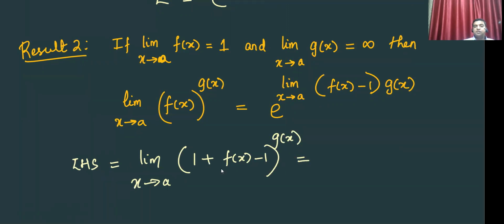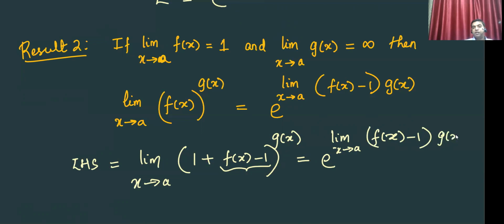So this is 1 plus 0 form, 1 plus 0, and this is infinity. So limit is e power limit x tends to a, the 0 part times the infinity part. It is simply based on the previous result where this was going to 0 and this was going to infinity.